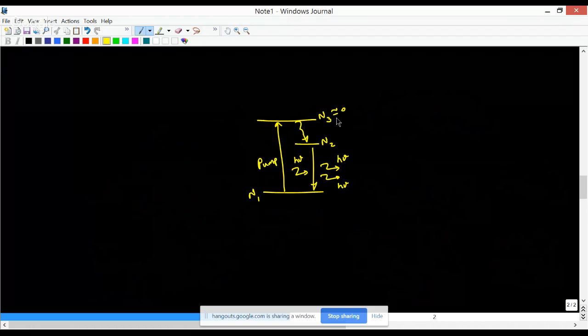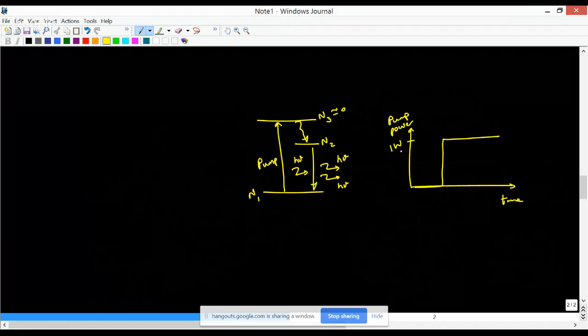If there was no pump going into the system at time 0, let's say this is the pump power as a function of time. So if there was no pump, and then suddenly you turn on the pump, and it goes up like this, it goes up to a certain power level, let's say 1 watt.